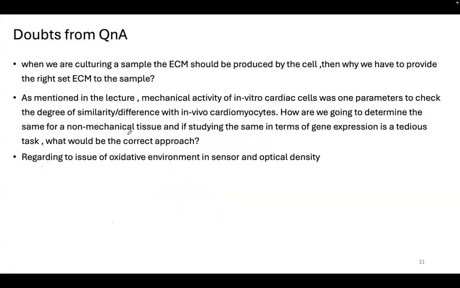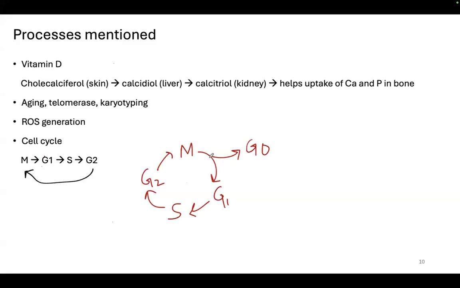Or it's somewhere around here. I'm drawing these arrows, but ideally there are no gaps, right? It's more like a pie chart where you have M, G1 and G2.